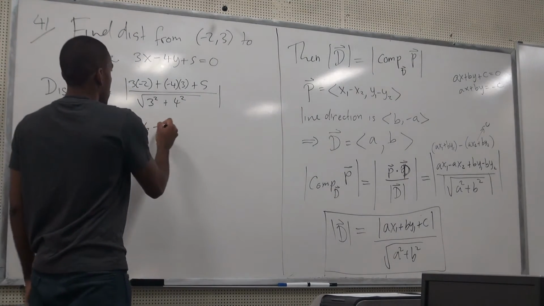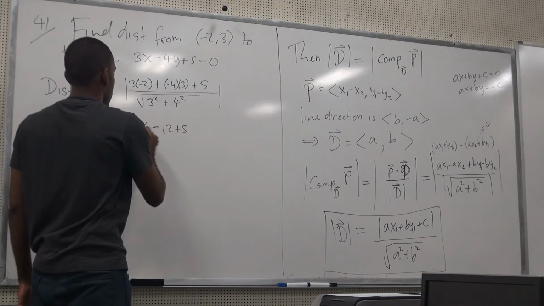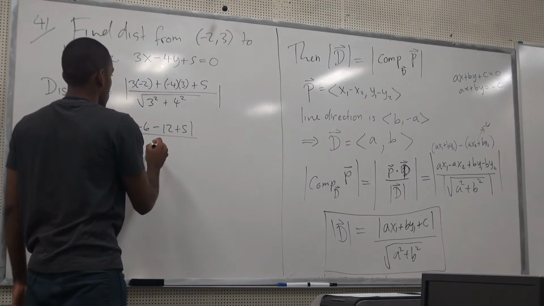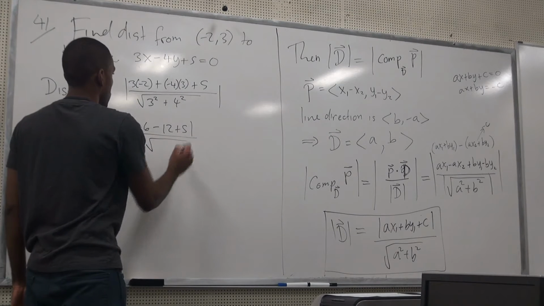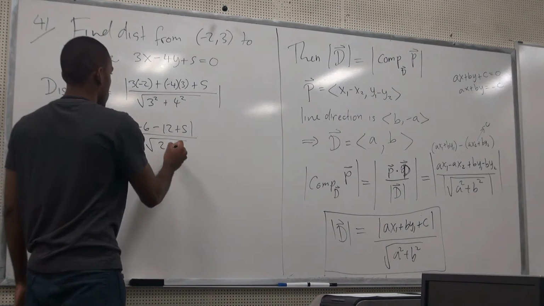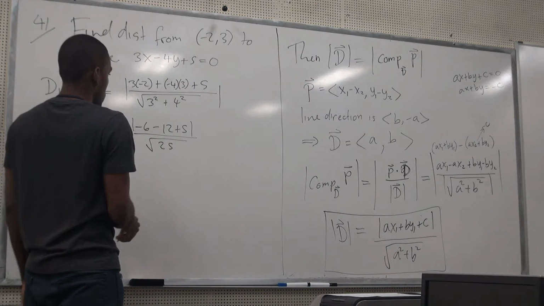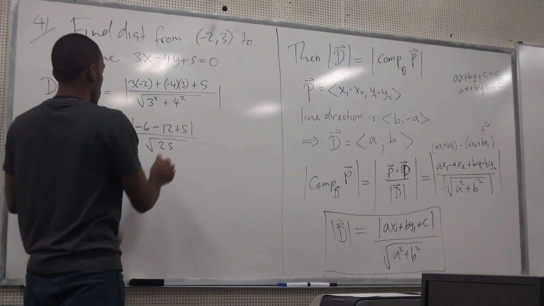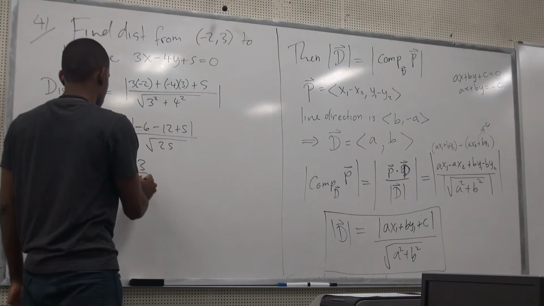That's minus 6, minus 12, plus 5 in absolute value, over, that's 9 plus 16, right? That's right, over 25. So that would give me minus 1, minus 13, so that's 13 over 5.